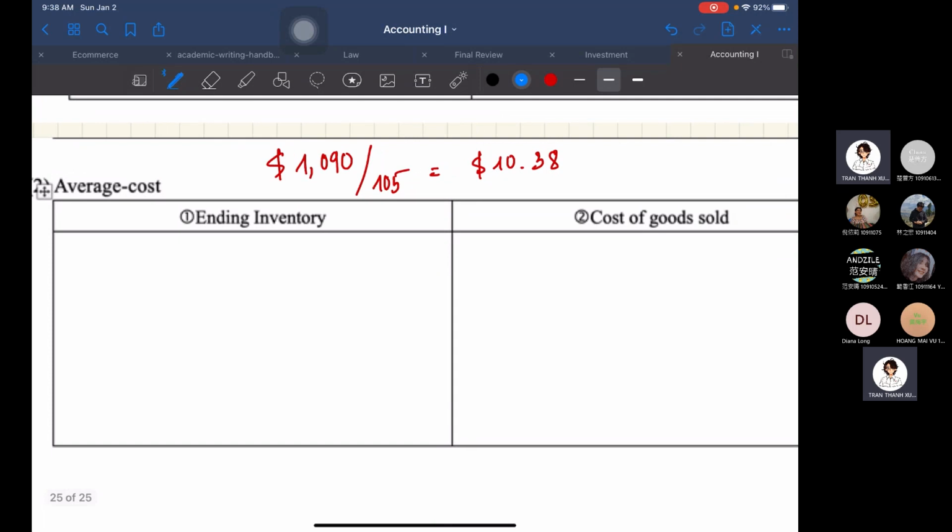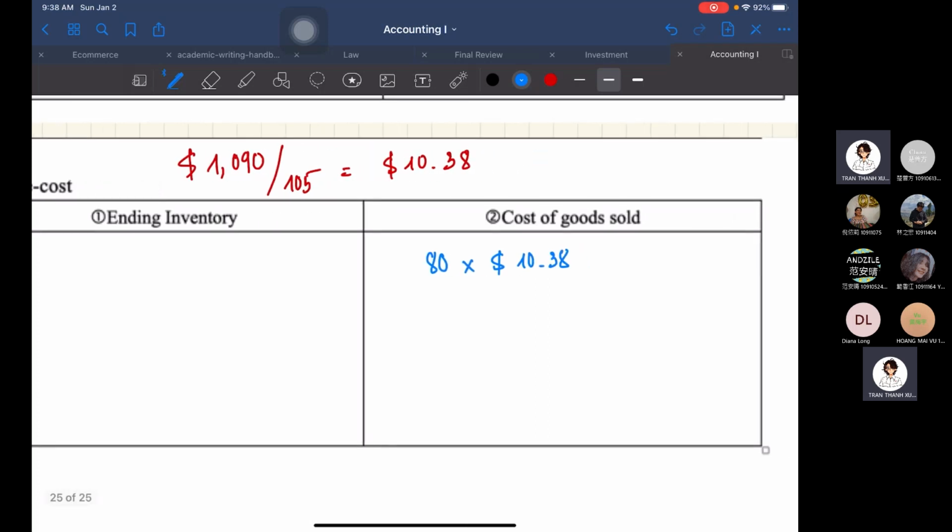Okay, since we already have the unit cost, it's very easy. For the cost of goods sold, they said that they sold 80 units, right? So just take 80 units times 10.38. Then you will have 830.